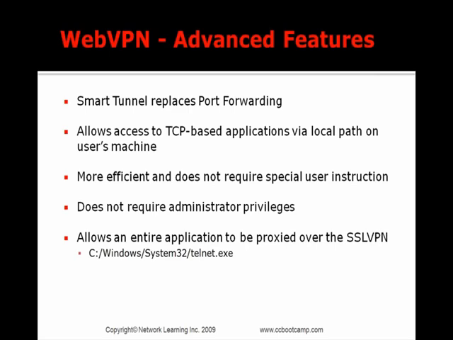So now instead of, like I said, say if we had 50 routers we wanted to manage through our WebVPN, we'd have to have 50 port forward statements. Instead, we can configure a smart tunnel. Anytime we launch this particular application, telnet.exe, that traffic is going to be hijacked and sent over the tunnel. So it makes it a little easier for more of a broad type of access.